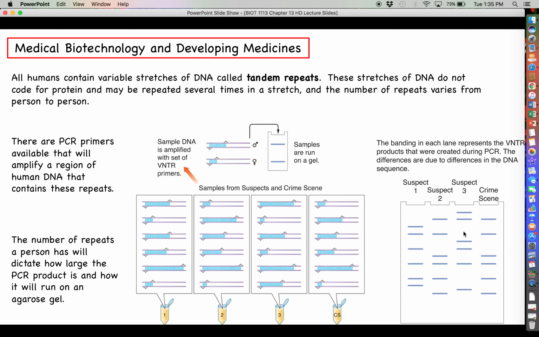And then based on the banding pattern of the DNA left behind by the suspects, you should be able to tell who matches up the best. And it looks like I was looking at suspect number 2 in the wrong way. This one right here seems a little bit longer than this one right here, but everything else does seem to match up pretty well. Maybe my eyes are just playing tricks on me. So based on the agarose gel, suspect number 2 does definitely seem to be a pretty good match with the DNA left at the crime scene.